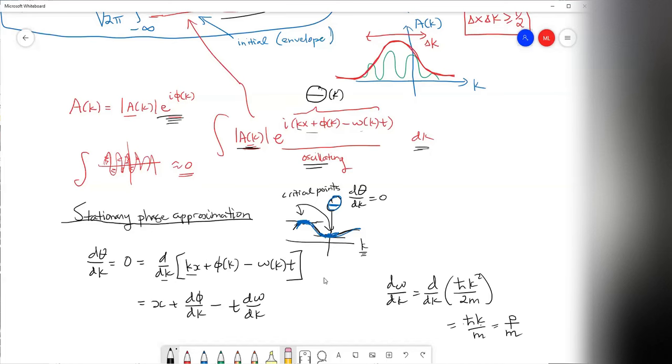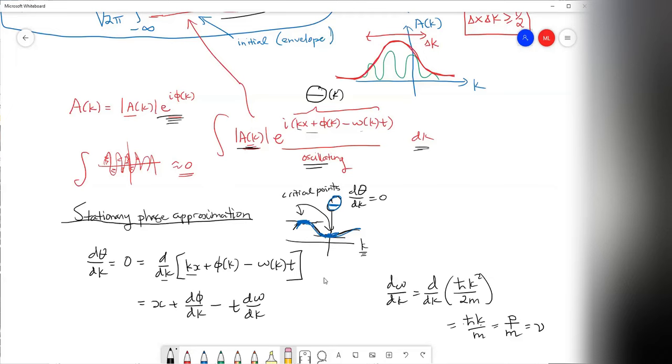Because h bar k is the momentum. And what is this? Well, this is just the velocity of the thing, the classical p over m value.